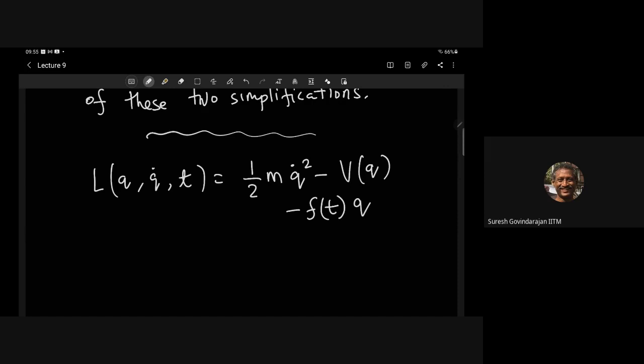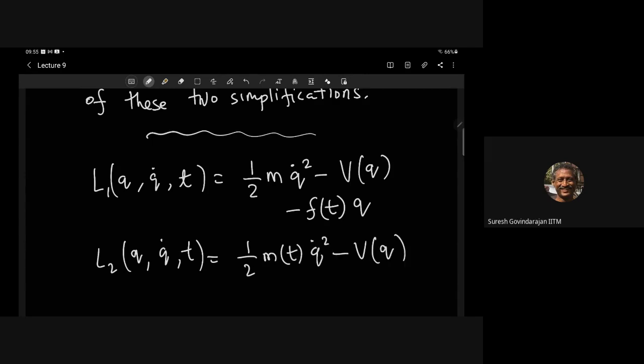An arbitrary function of time. Here is an example. Another example would be, instead of mass, I can have something which will depend on time. So this is L1, L2 of q dot, t. I'm just playing around with Newton's thing, but now I've changed things, right? I'm saying that there's a time-dependent kind of mass-like parameter. So these are all examples.